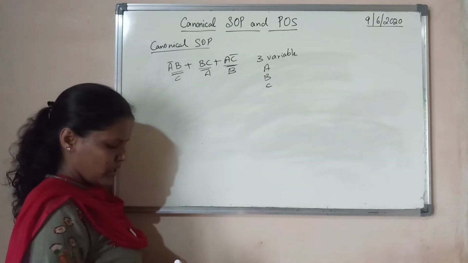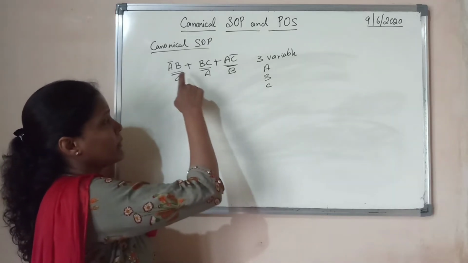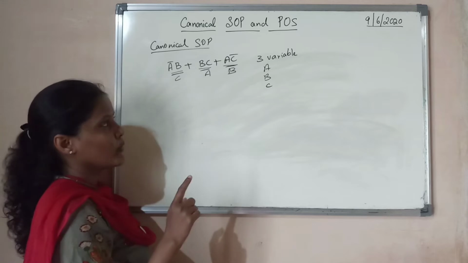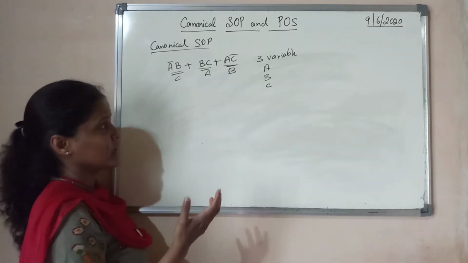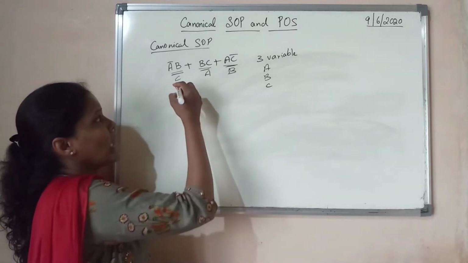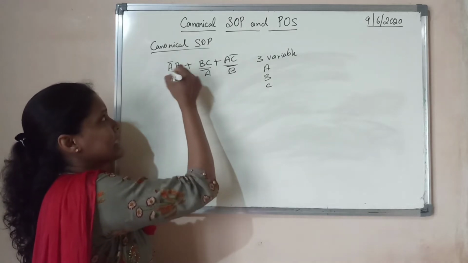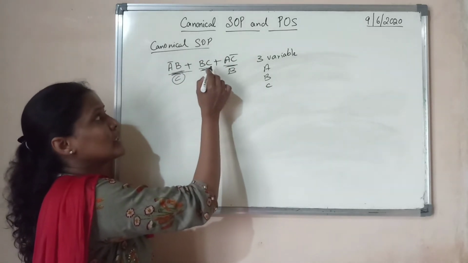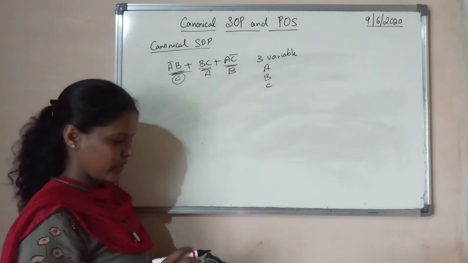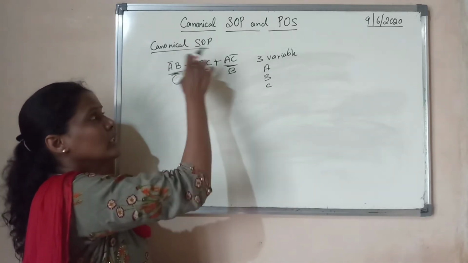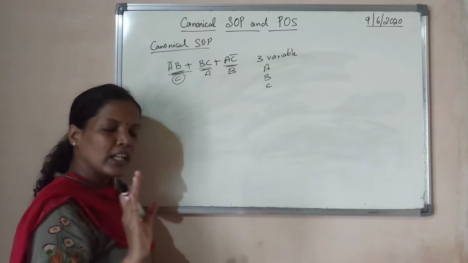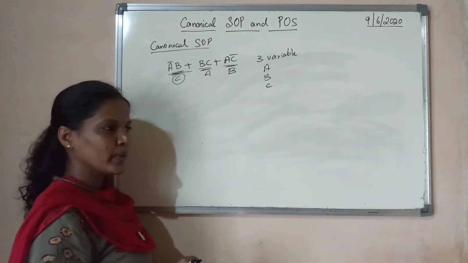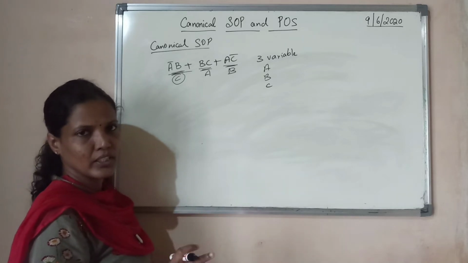So in order to bring this expression into the canonical SOP, or the canonical expression, you have to alter these terms in such a way that each term contains all the input variables. If I convert it so that all terms contain all the input variables, that itself will be called the canonical SOP expression, or simply the canonical expression.